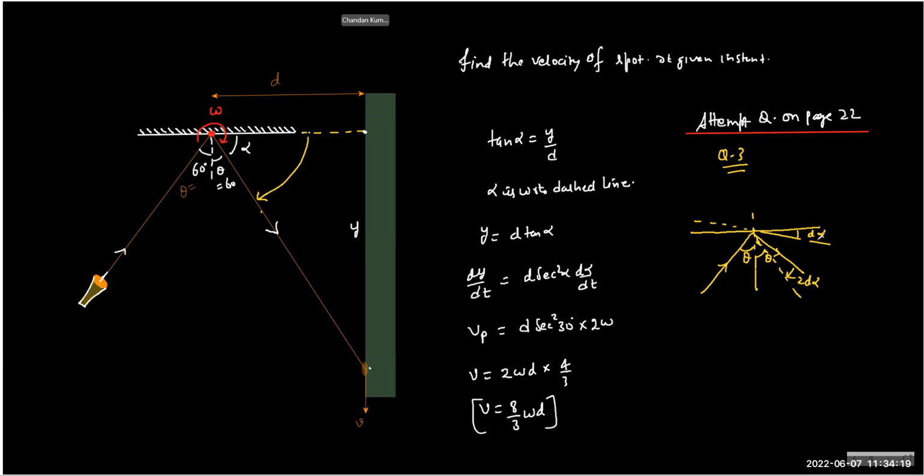So d alpha by dt is the omega of the mirror. So what is the omega of the reflected light ray? Understood? Okay, that's good enough. You can go ahead.